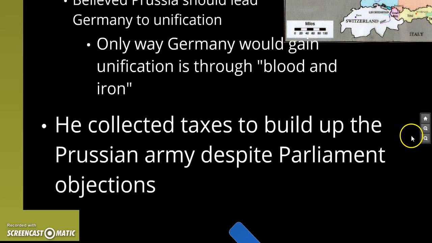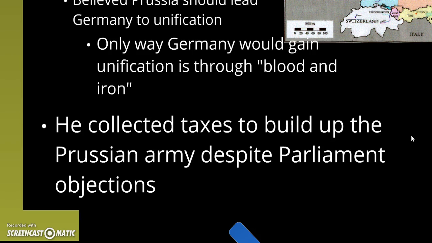Otto von Bismarck collected taxes to build up the Prussian army, despite objections from his own parliament. So eventually, von Bismarck compiles a large enough army that has enough technology and weaponry to where he is able to actually fight against the French, defeat France, and then that inspires feelings of nationalism amongst Germans.